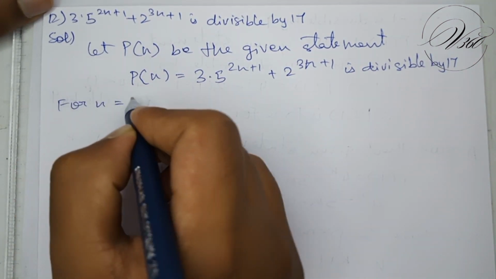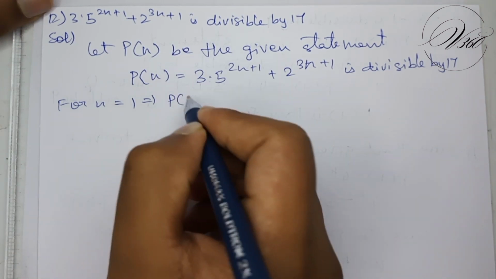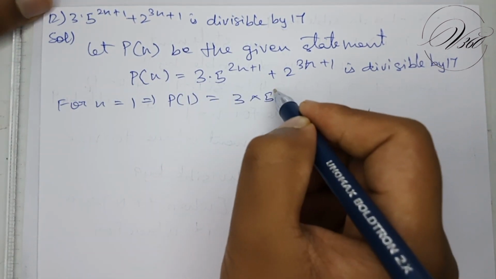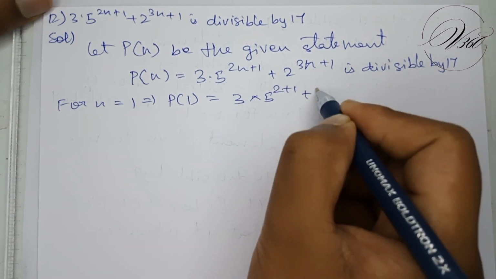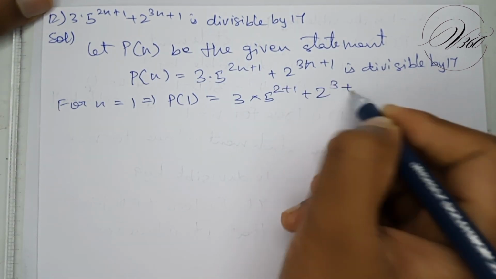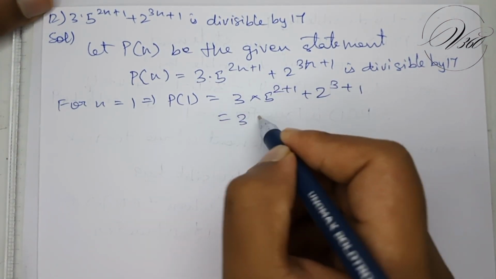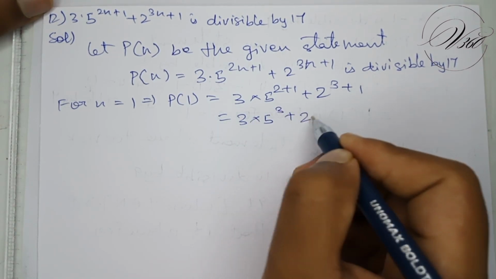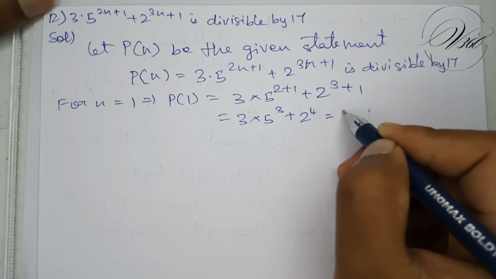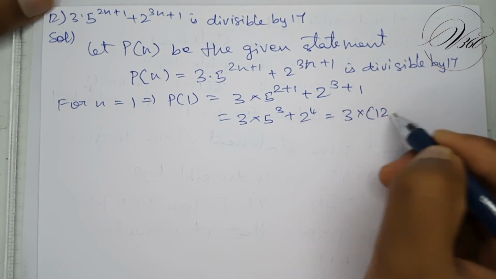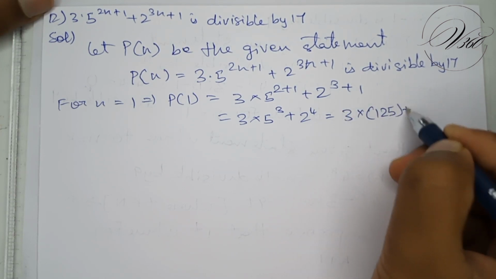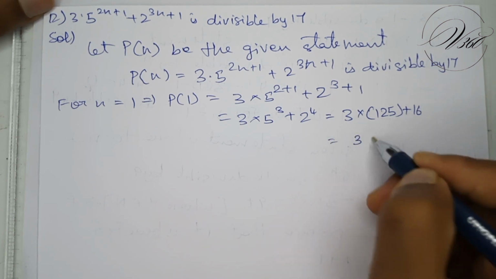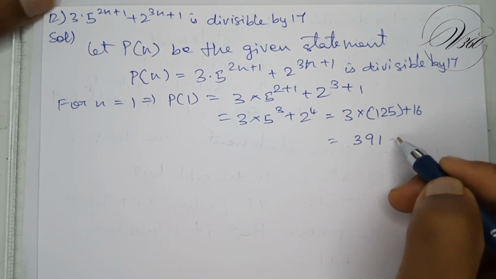For n equals 1, P of 1 is equal to 3 into 5 to the power 2 plus 1 plus 2 to the power 3 plus 1, which is equal to 3 into 5 cube plus 2 to the power 4, which is equal to 3 into 125 plus 16, which is equal to 391, I think.